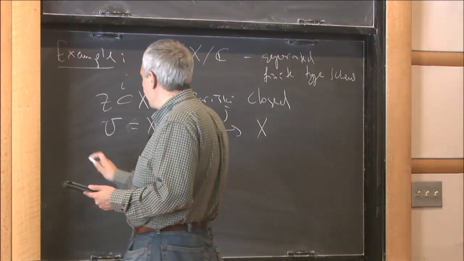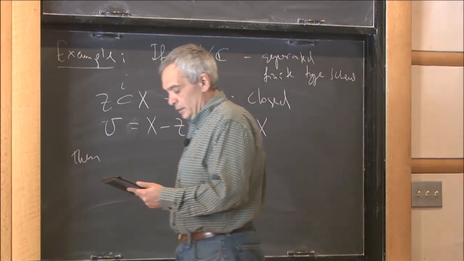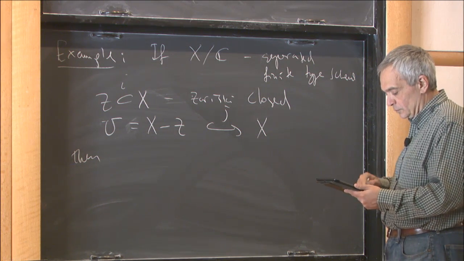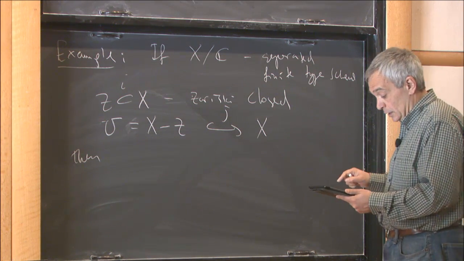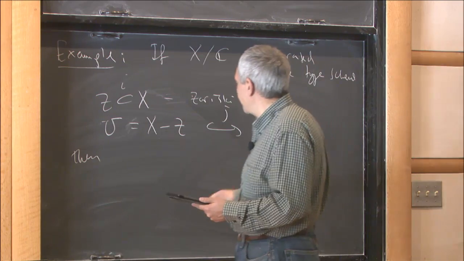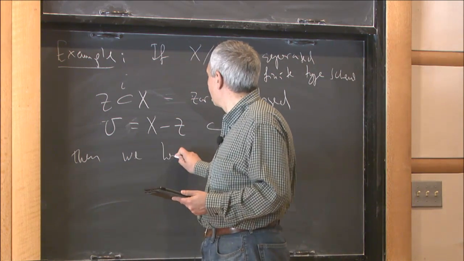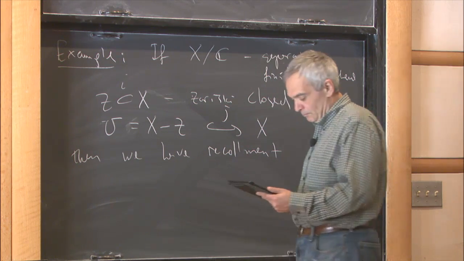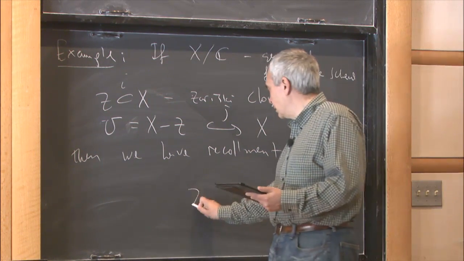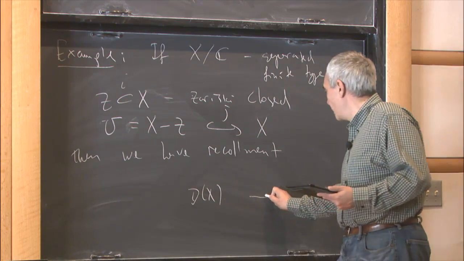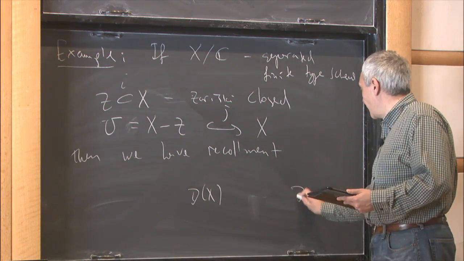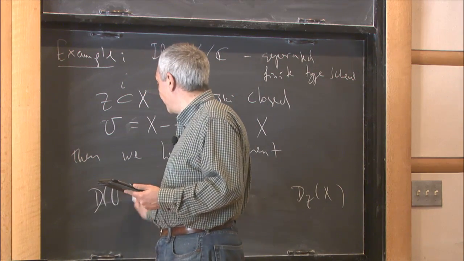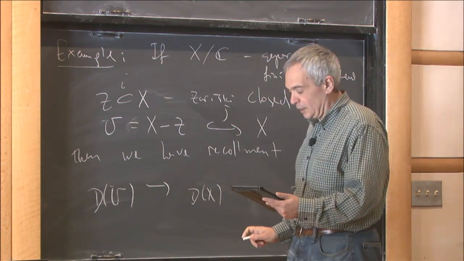Then you have a recollement triangle where we have the category with supports, the category on the whole space, the category on the open, and we have maps.